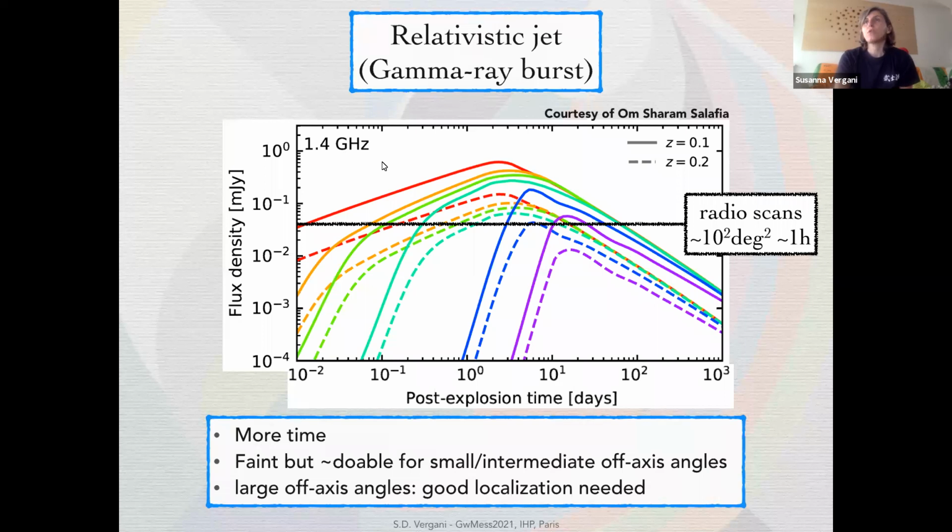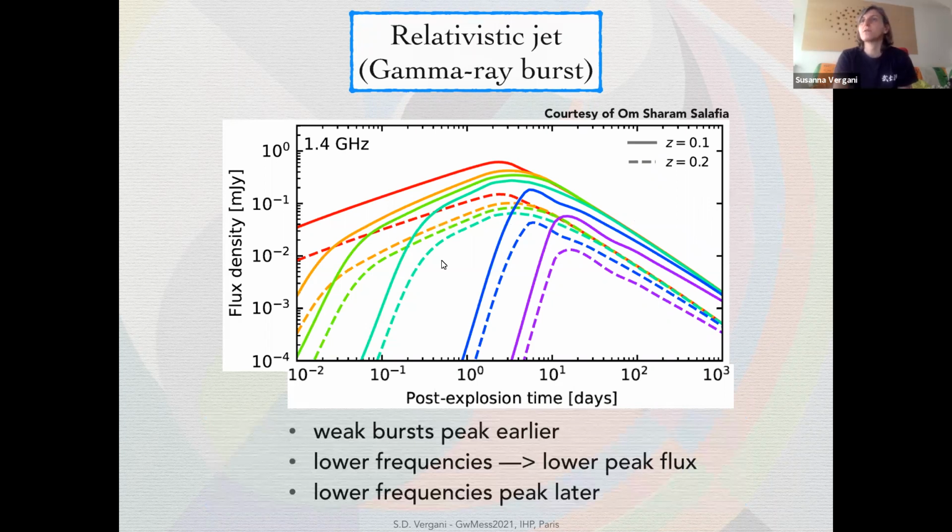Please take into account that these curves can vary a lot depending on the gamma ray burst properties, but also on the frequency. Weak bursts will peak earlier.